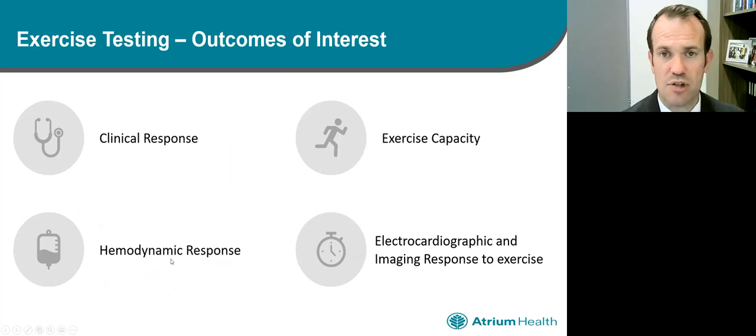How was their blood pressure, their heart rate during the exercise? Functional capacity is key, and there have been multiple studies published now in almost any pathology you can name, showing that functional capacity is one of the key determinants of prognosis. And then finally, we're going to look at the ECG and the imaging response to exercise.